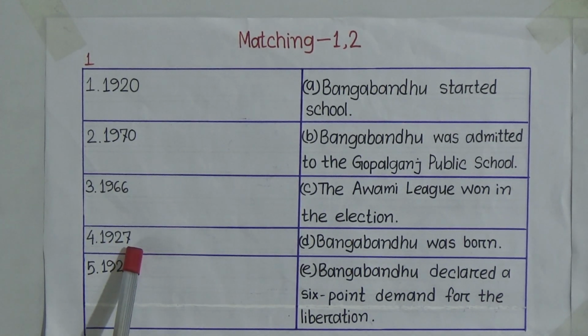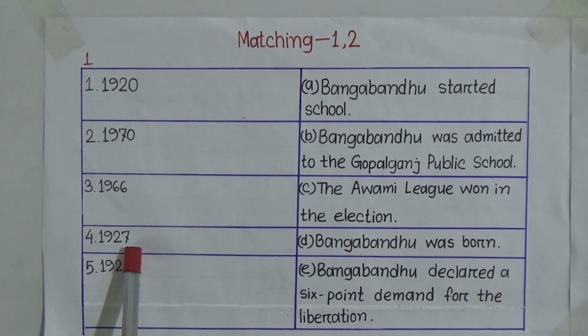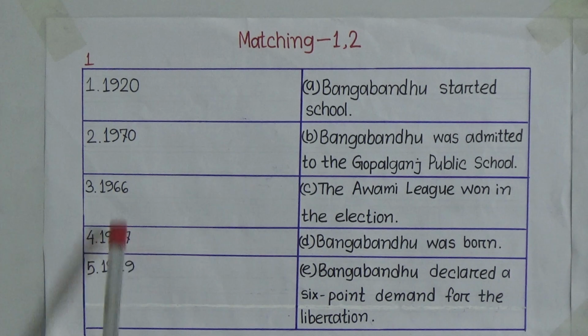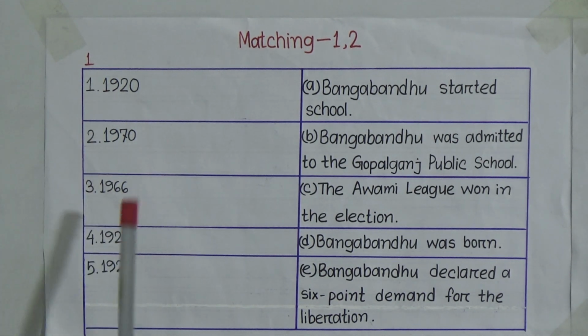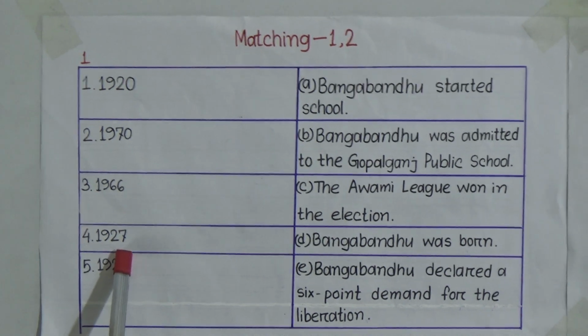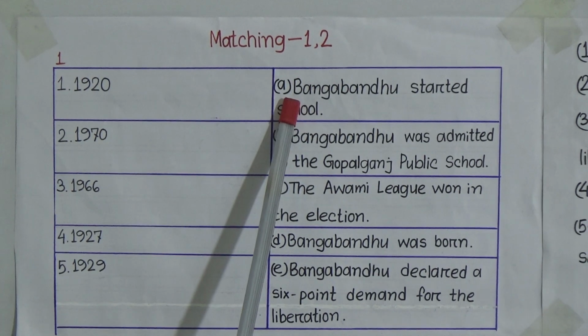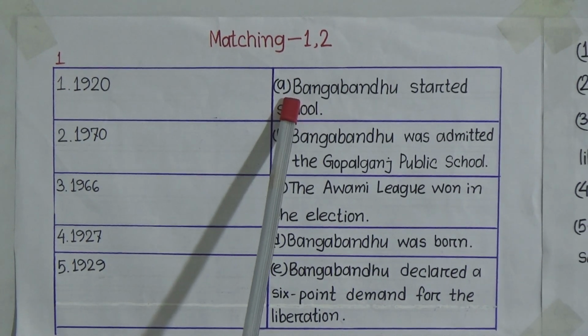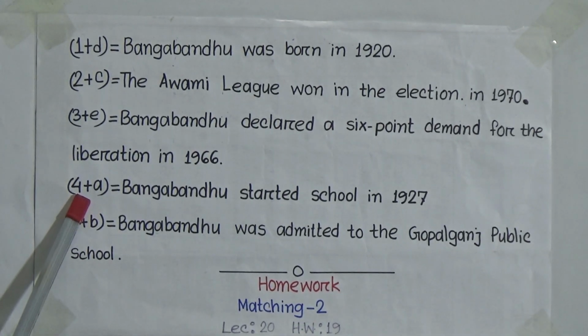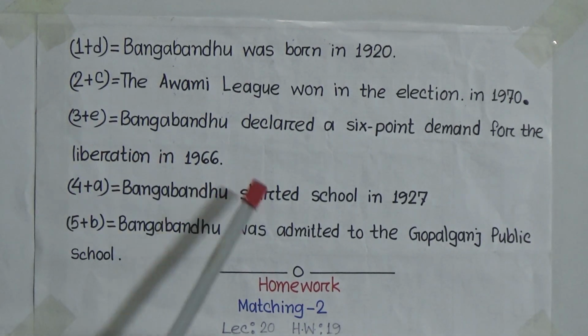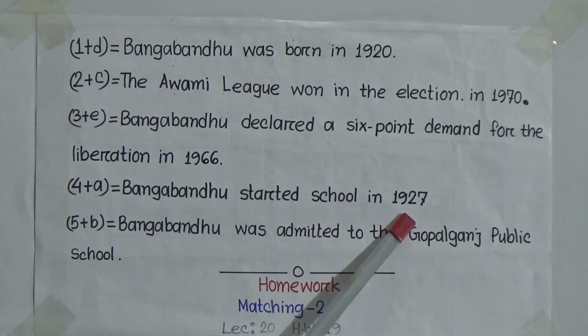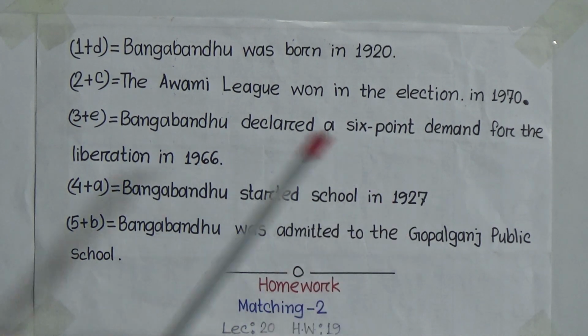And we know that in 1927, Bangabandhu started school. We all know about Bangabandhu's life. Bangabandhu was born in 1920 and in 1927, Bangabandhu started school. So we find the information in number A. So we have to write the sequence 4 plus A, and the sentence will be Bangabandhu started school in 1927.